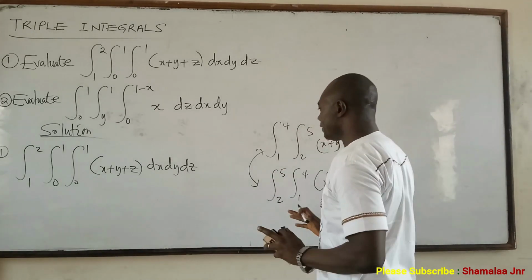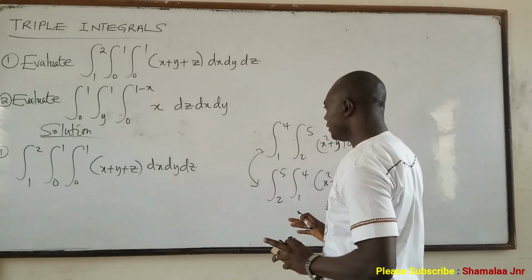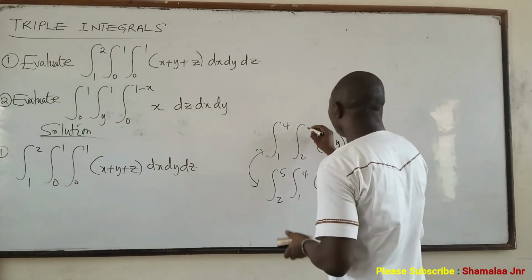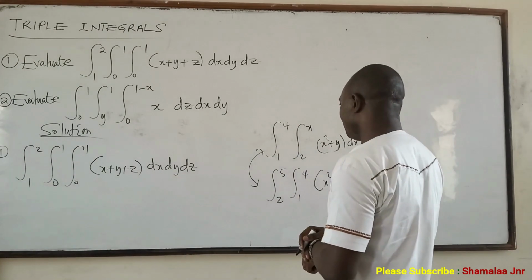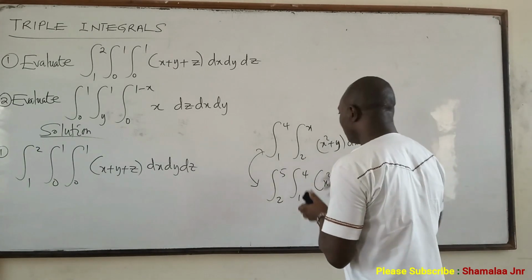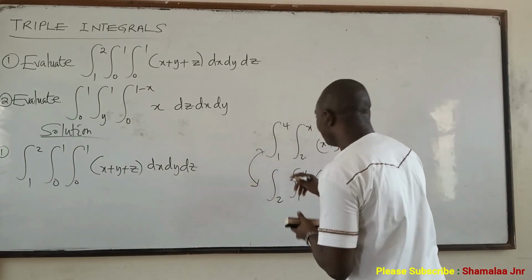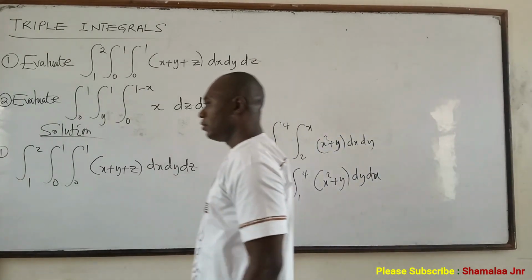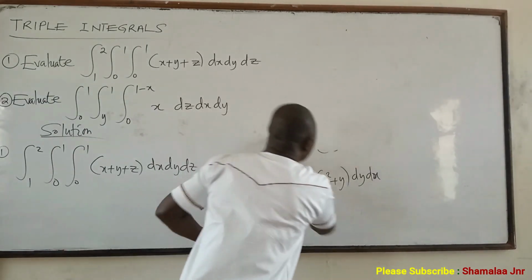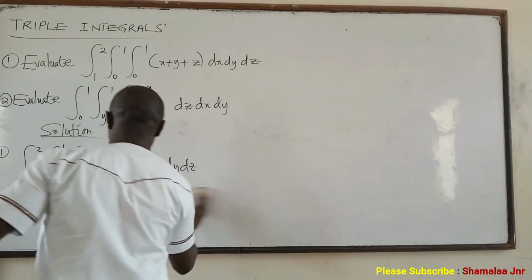They are numbers. Are you seeing it? If I change this one to maybe x, there is no way the solution to this one will be the same as the solution to this one. So you have to take note of this. Okay. Now let's move on to the triple integrals.